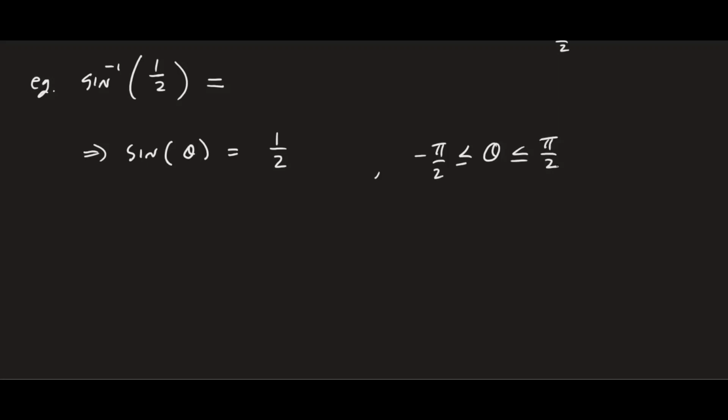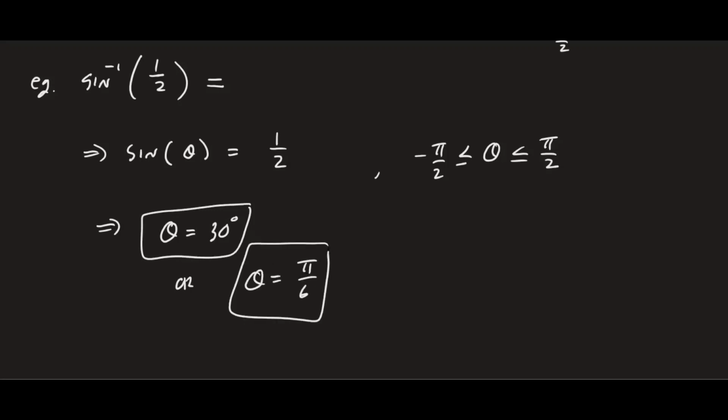From our special right triangle, we know that sine of 30 gives us 1/2. So therefore, theta equals 30 degrees, or in radians, theta is equal to pi over 6.